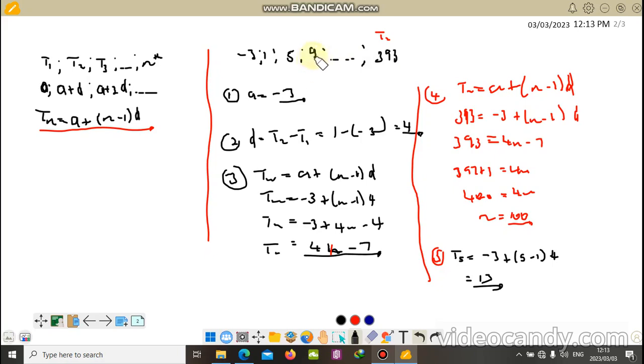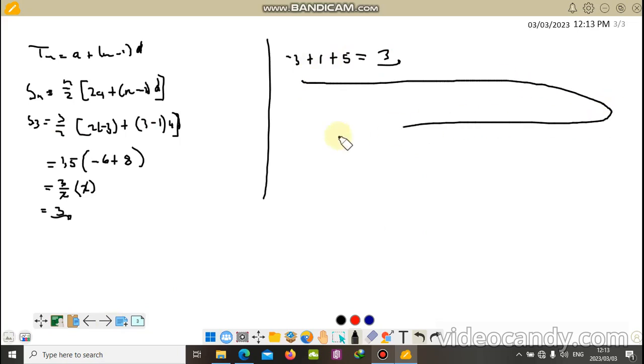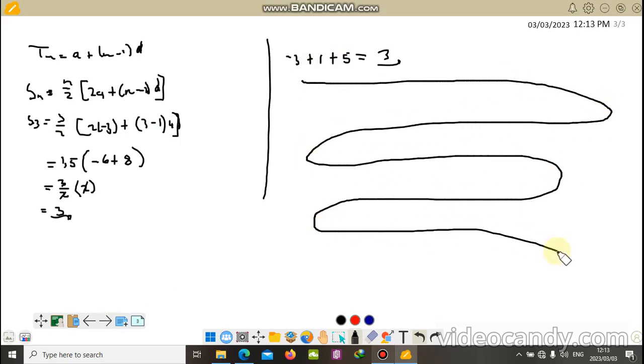Because look, you only have 4 terms. You don't know what term 5 is, you don't know what term 6 is, you don't know what term 7 is, and so on. So if you use the long method, you're going to have to find them first, and after finding them, add them one by one. Do you have that time in the exam? No, you don't.